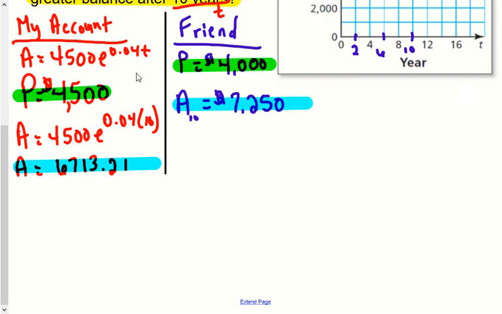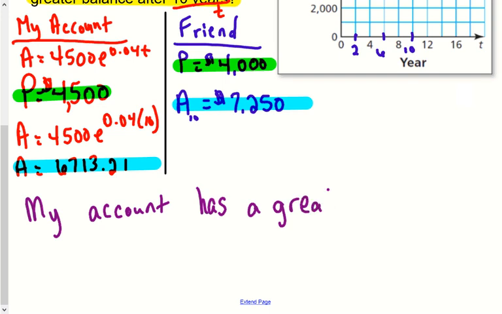And if we're looking, which one has a greater principal, which is your initial value, that's going to be my account. So we're going to write down the fact that my account has a greater principal, and I'm going to make a note of what that is, and that's going to be my $4,500.